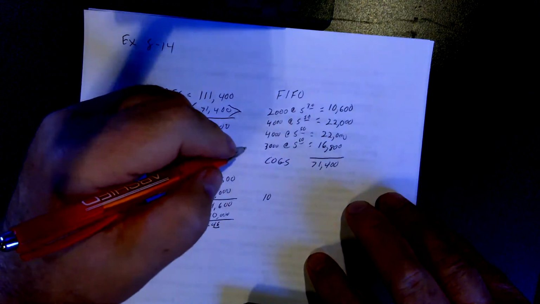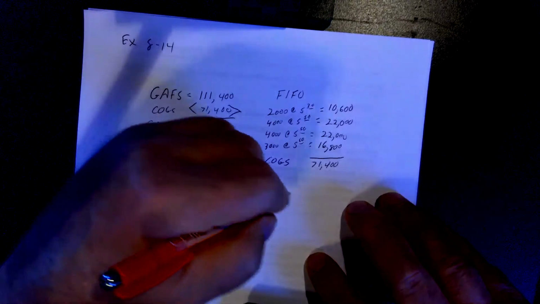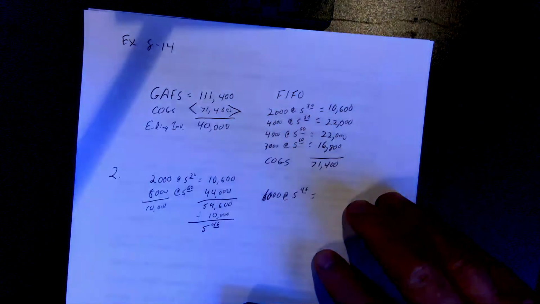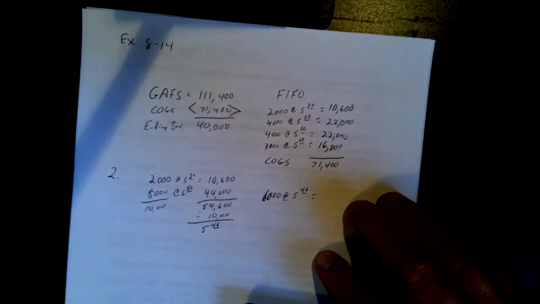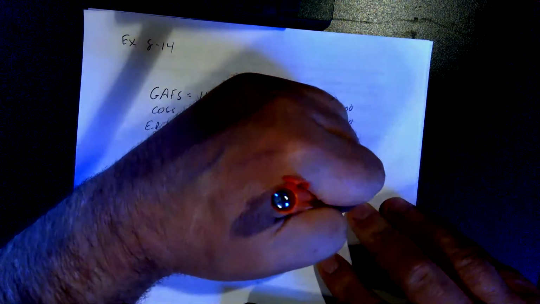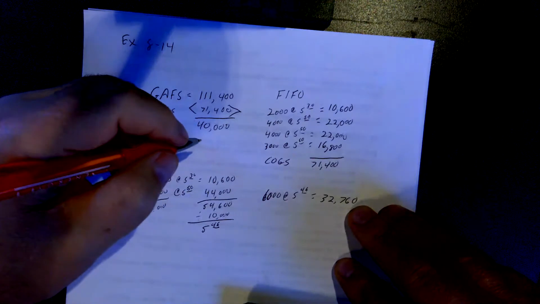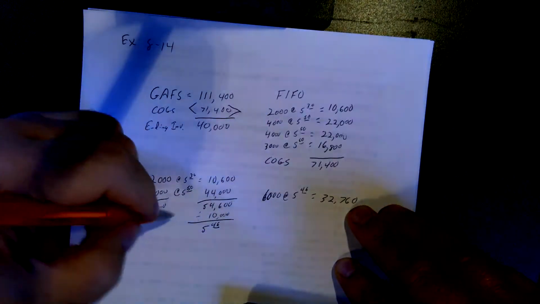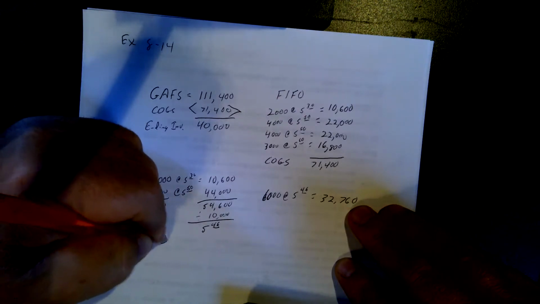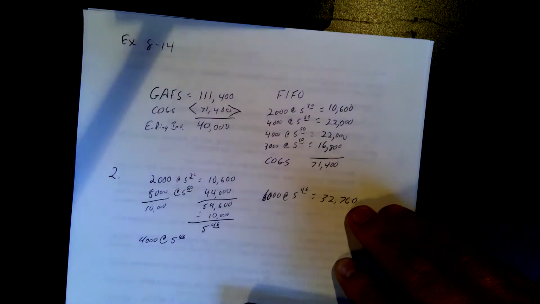So 10,000. Then we sold 6,000 units. So 6,000 at 5.46 is 32,760. All right, so we sold 6,000, we had 10,000. So now we start fresh with 4,000 units at $5.46.